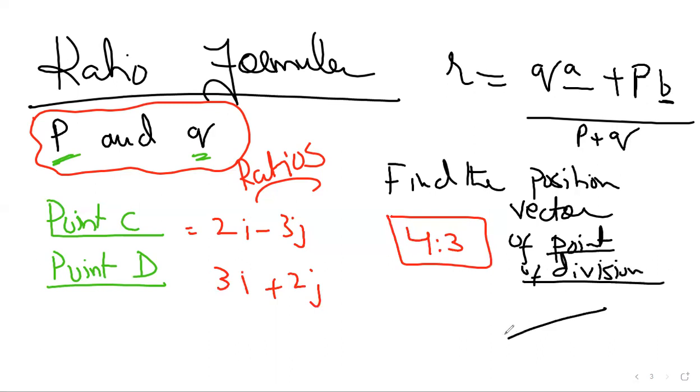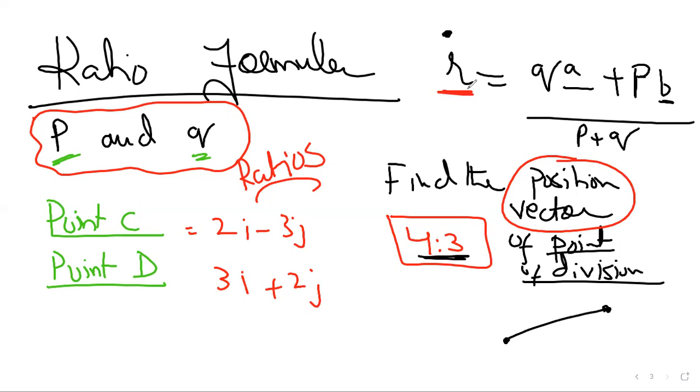Whenever there is a division, it can be internal or external in analytical geometry, but here there is no concept of internal and external. They will just give you the ratio values, which are P and Q. You will just insert them in this formula. This is called the position vector; R is called the position vector. This is your target here.